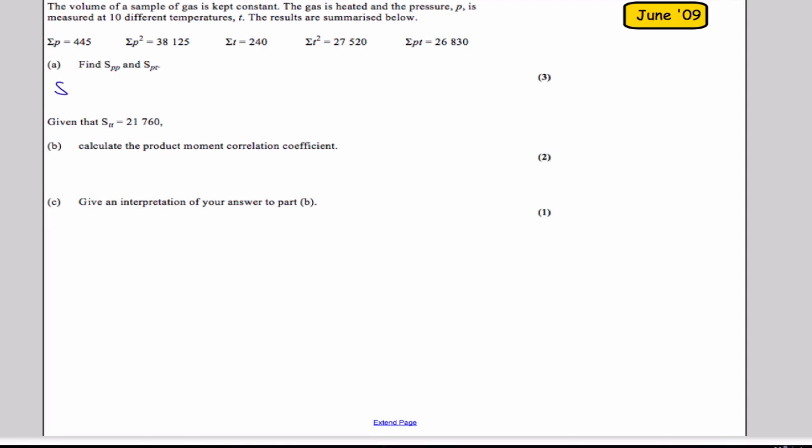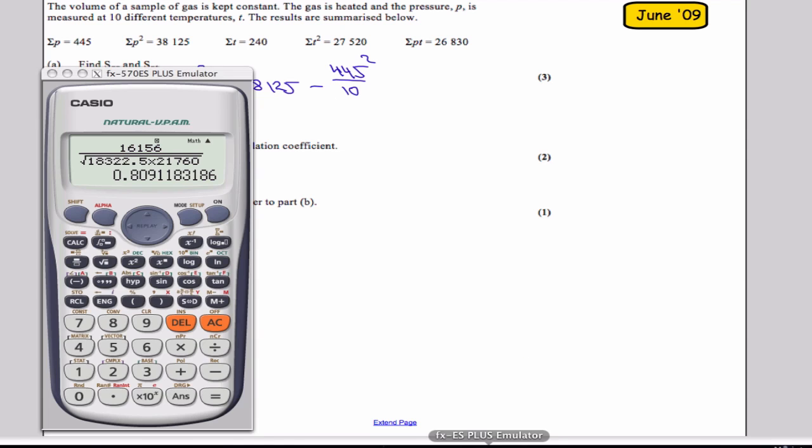Spp is going to equal the sum of P squared minus the sum of P, all squared, divided by n. So the sum of P squared is 38125 minus the sum of P, which is 445, over n, which is 10, and that's squared.